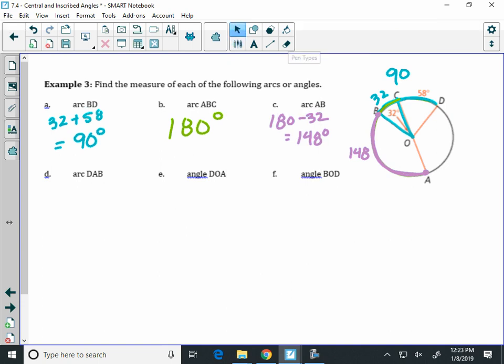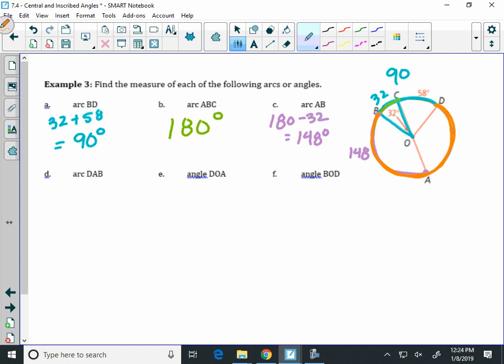D is asking us for our DAB. So I want to find from, I'll do orange, from D to A to B. So we almost have the entire circle. But what do we know about the measurement of the entire circle? Equals 360.